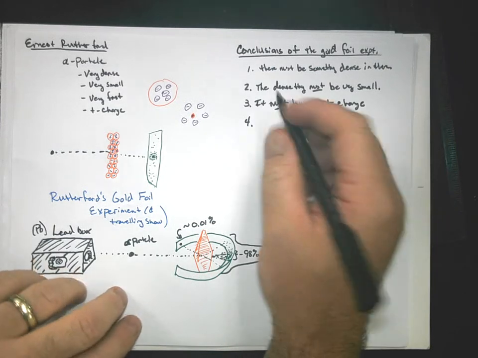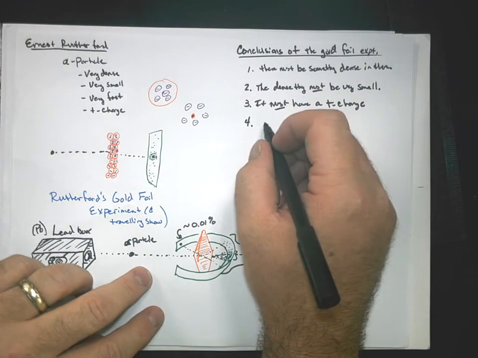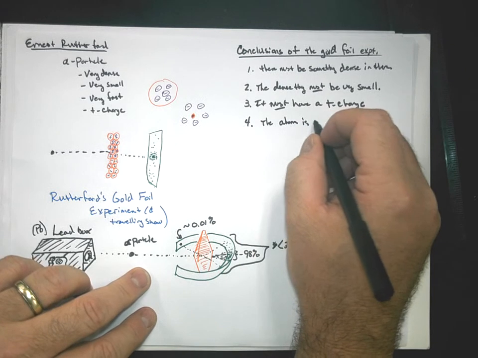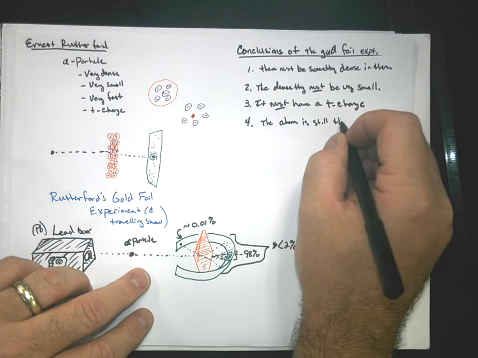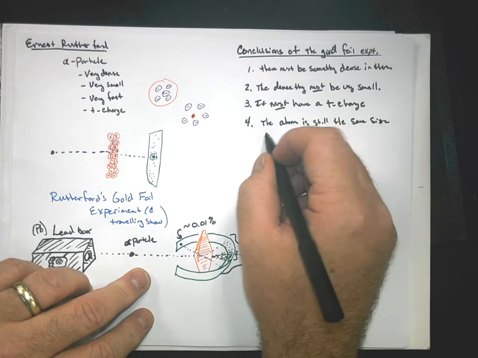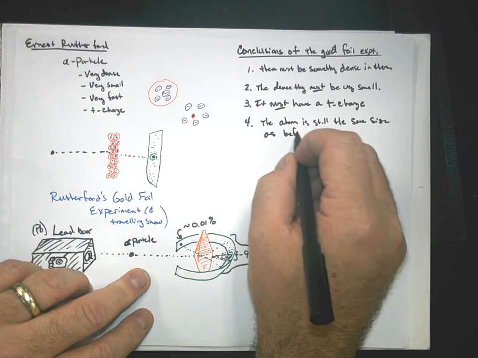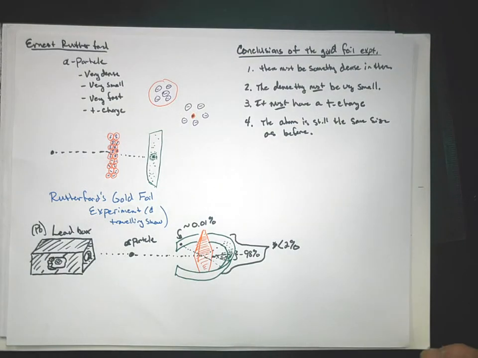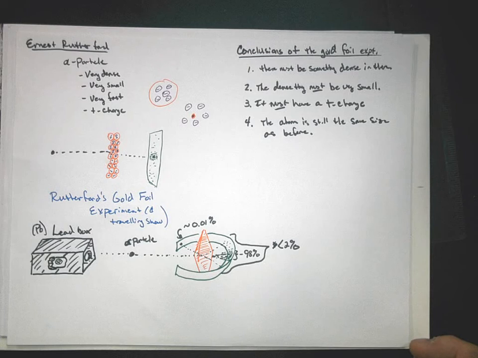And the fourth one, which we kind of implied right here: the atom, however, is still the same size as before. The gold didn't get smaller all of a sudden. It just concentrated its mass.